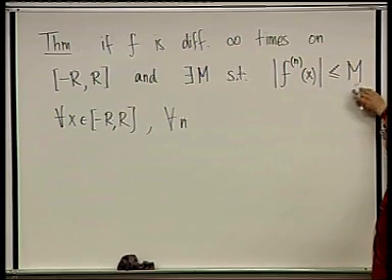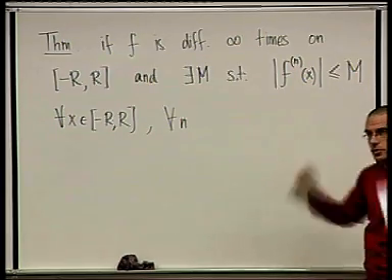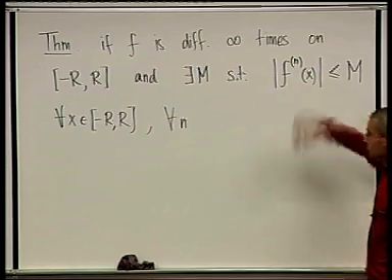So that's this uniform bound that then captures all the derivatives on all the interval simultaneously.